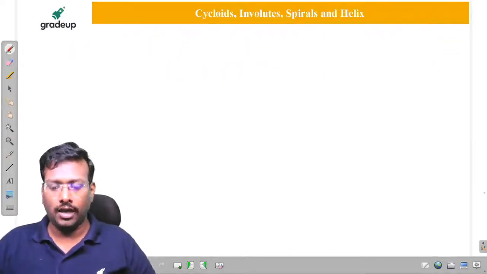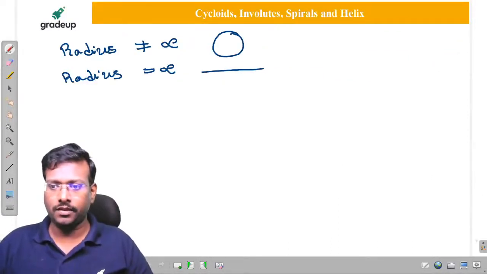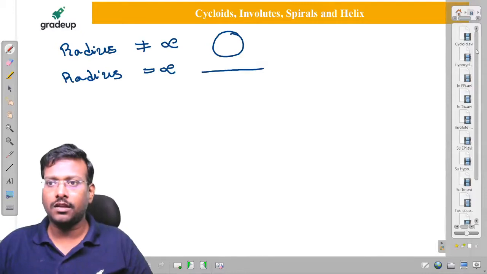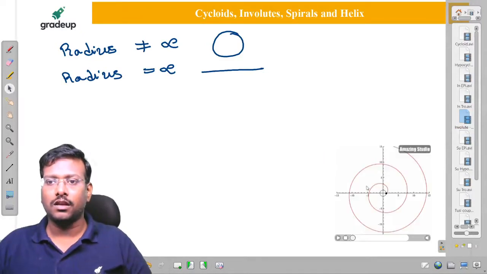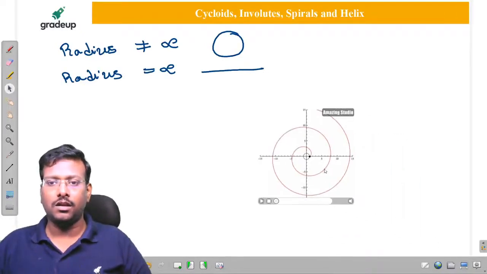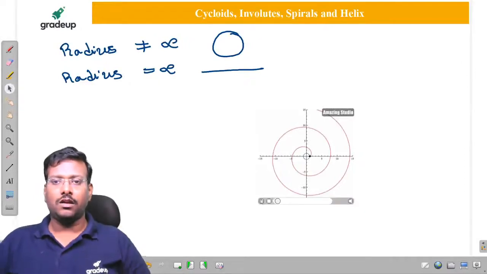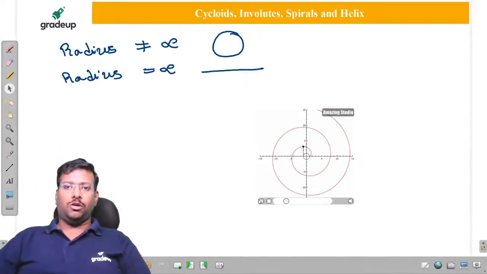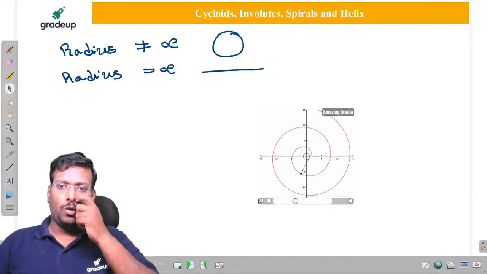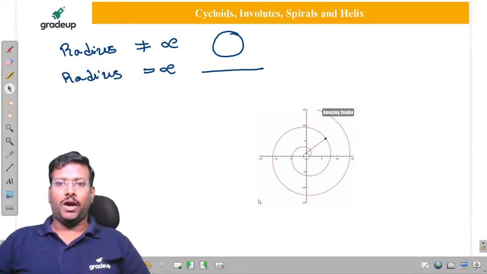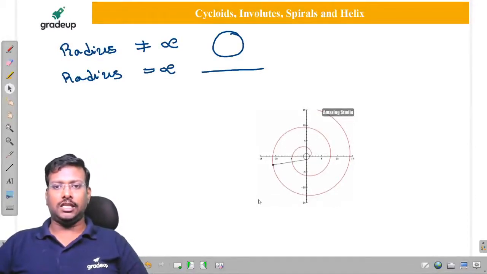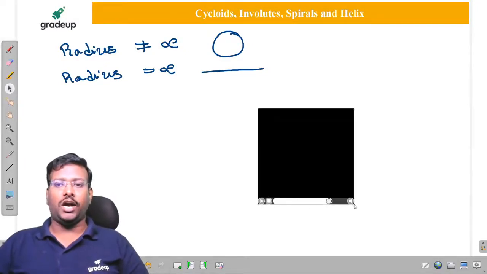So let us consider. Now you observe, my dear friend, the wire is unwound. Actually, the wire is unwound from a circular disc. Then whatever path is traced out by a point at the end of this wire is considered as the involute.